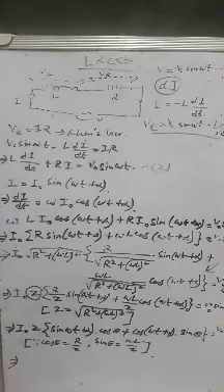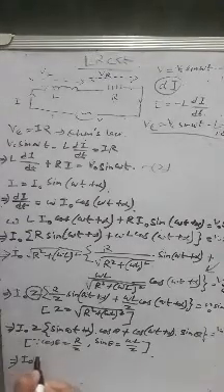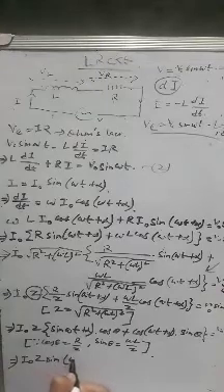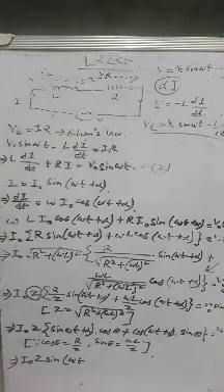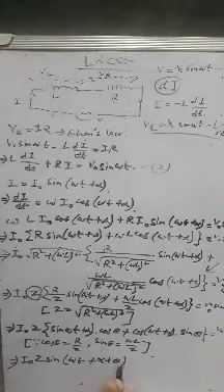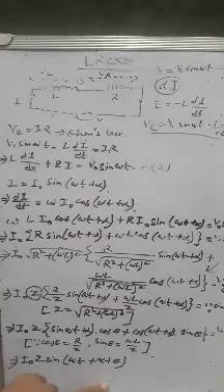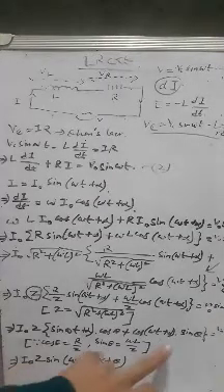So finally what I can write, hope you can see the bottom part: I naught Z sine omega t plus alpha plus theta. This is the formula that I have studied in the maths class: sine omega t plus theta plus alpha will be equal to this.